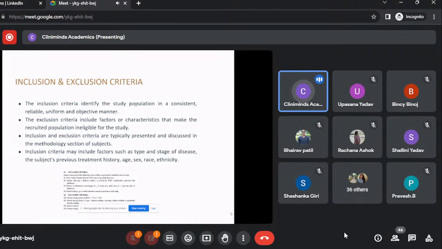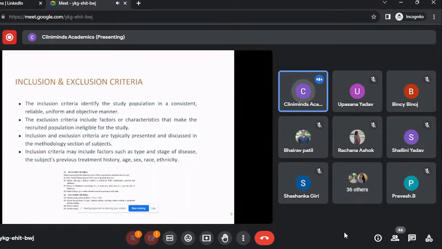Then serology positive patients. What may that be? HIV, hepatitis. They will not take them normally for this study.